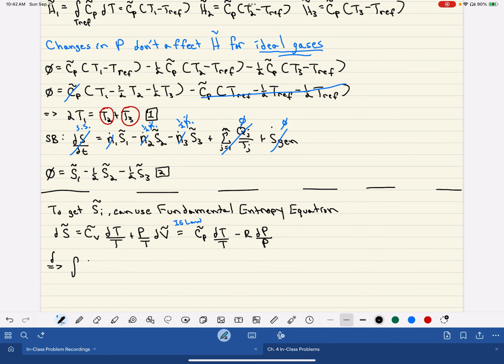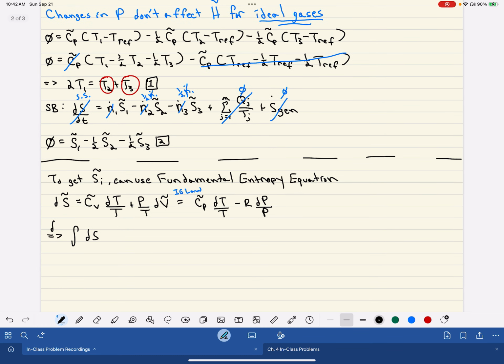I'll write out the integral ds, and we'll focus on entropy 1 first. You integrate that, you're going to get delta S1, and the delta in this case is referring to S1 minus the reference entropy. But as we've seen before, at the reference state, your entropy is going to be 0 at ref conditions.